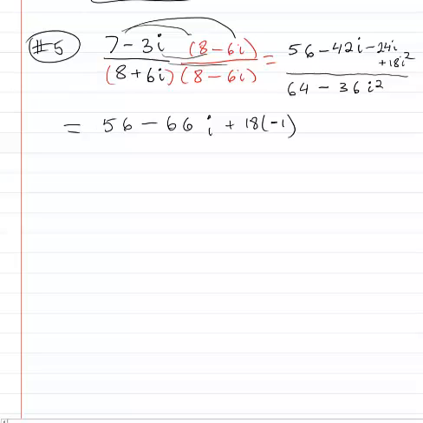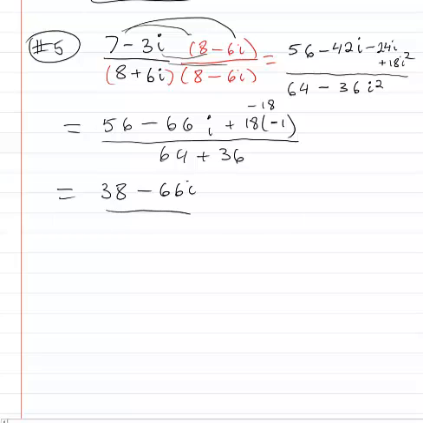Then the denominator here will be 64 plus 36, because you have i squared. So this is minus 18. 56 minus 18 gives us 38. So you got 38 minus 66i divided by 100.